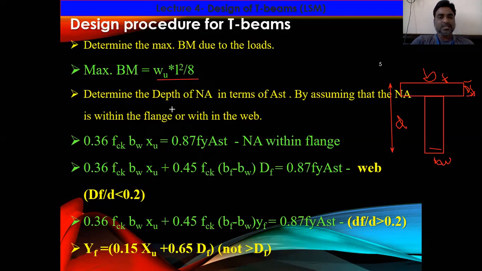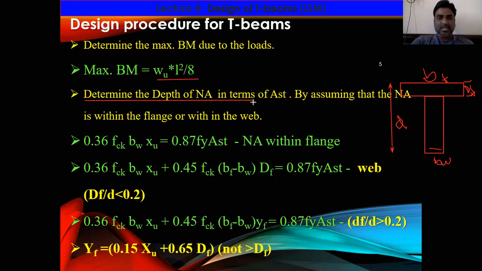Next step is you need to determine the depth of neutral axis. But here we don't know the area of steel in the tension zone. We don't know the depth of neutral axis, Xu, as well as the steel in the tension zone.